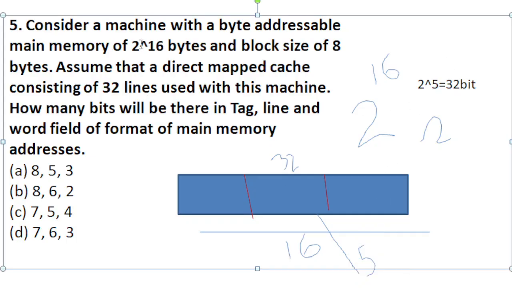Next, we have 16 bits in total, and this is 5 bits. Any other information given is the block size of 8 bytes.